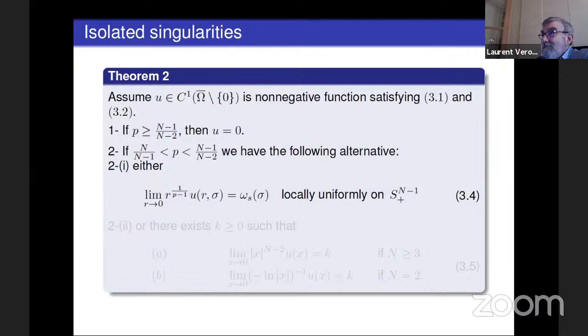I see another question. It says, is there any development if one includes potential terms, say Hardy potential? So maybe with Hardy potential and the boundary, normalized boundary trace in terms of that. You can develop this type of thing, clearly.